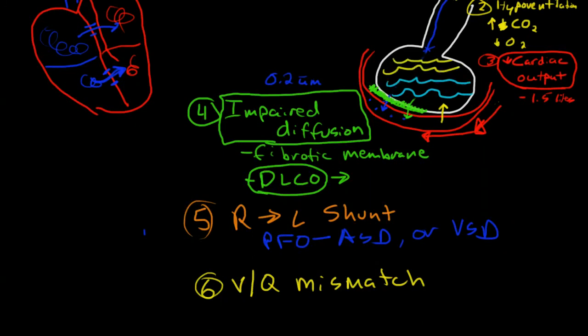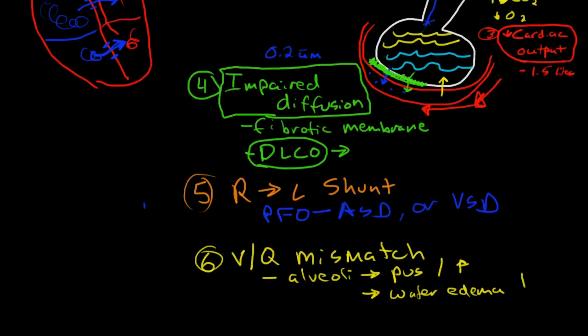They could be filled with pus and still be perfused because of vasodilation from the inflammatory mediators, or the alveoli may be filled with water because of edema, because of CHF, and there's no vasodilation here. However, because of increased venous pressure, it's going to sort of stent the veins open, and it's going to cause perfusion of edematous alveoli.